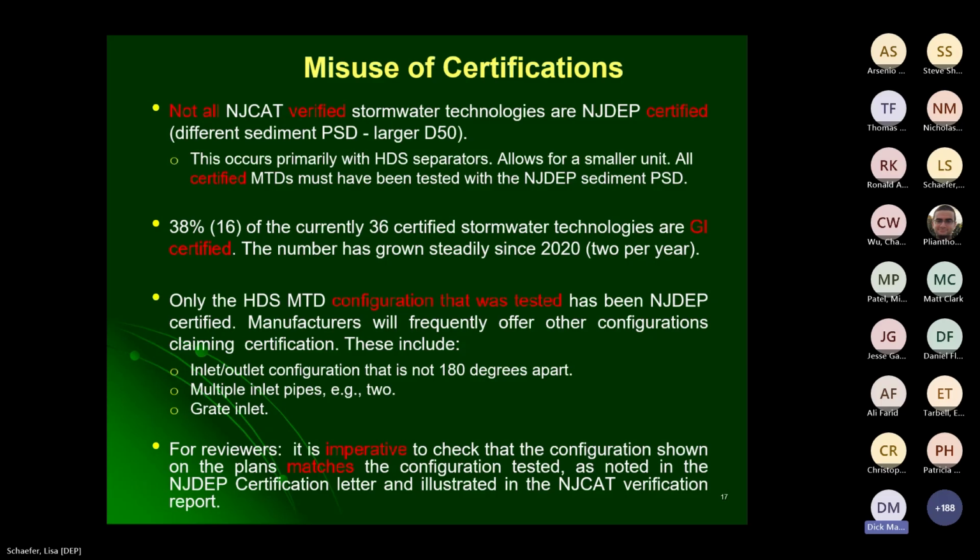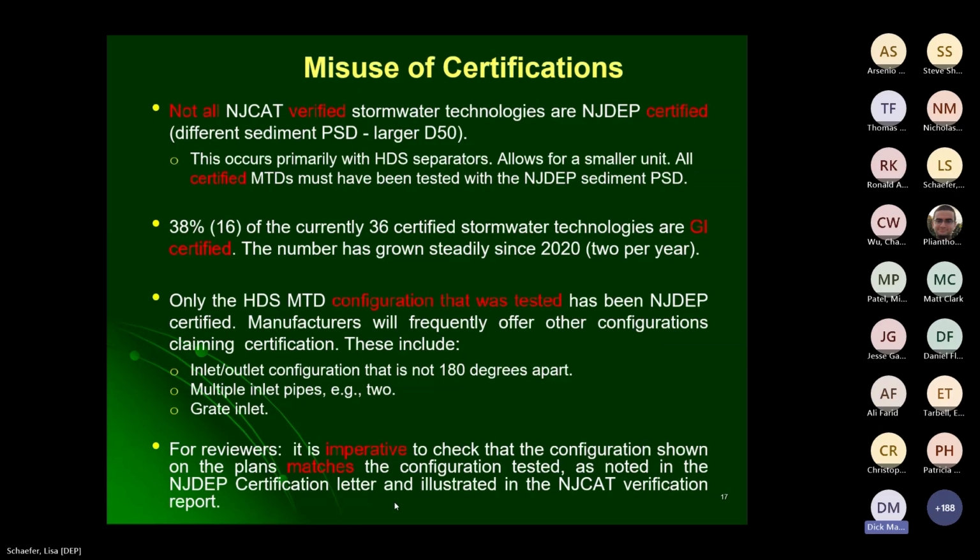Now, I've tried to make this point along, so I'm going to make it again. Only the ADS MTD configuration that was tested has been NJDEP certified. And you will find sometimes that manufacturers will put on plans an inlet-outlet configuration that's not 180 degrees apart, multiple inlet pipes. Sometimes they have two coming in, or they may go to a grate inlet.